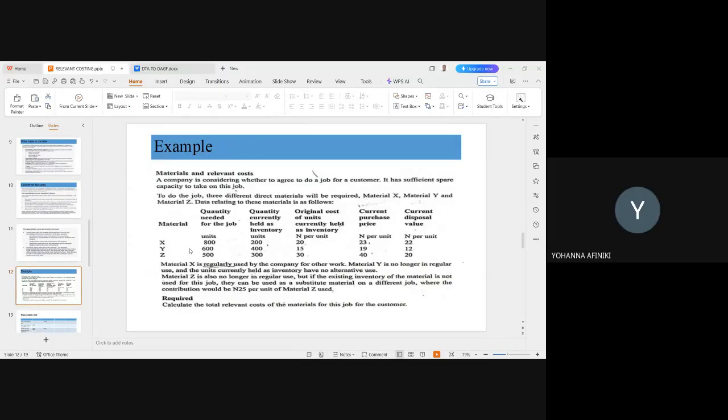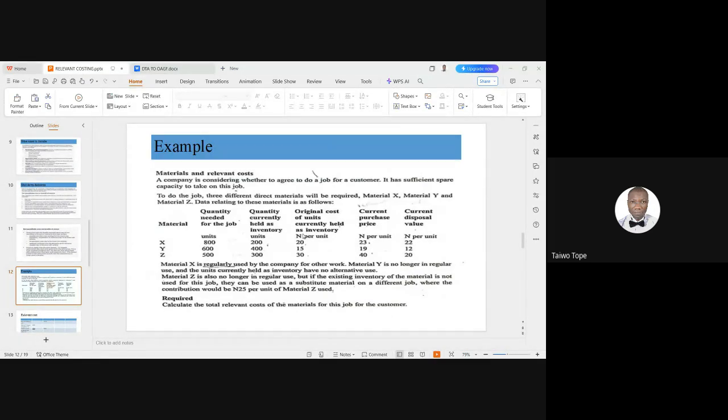This original cost is the historical cost. It is a sunk cost. It's not a relevant cost. Now, the current purchase price is a relevant cost. The current disposal value is a relevant cost.